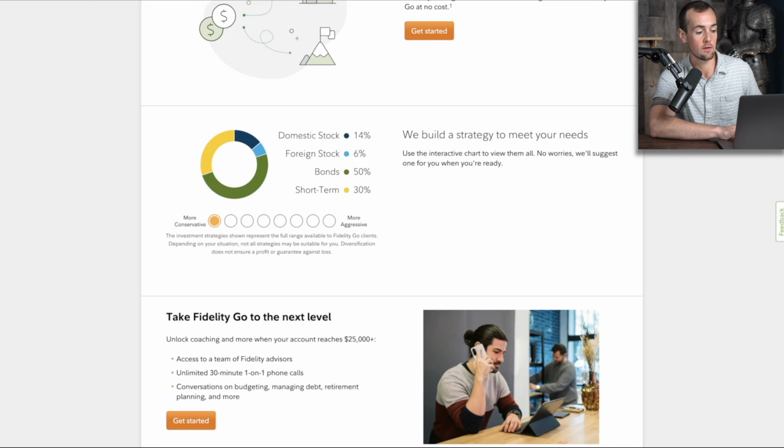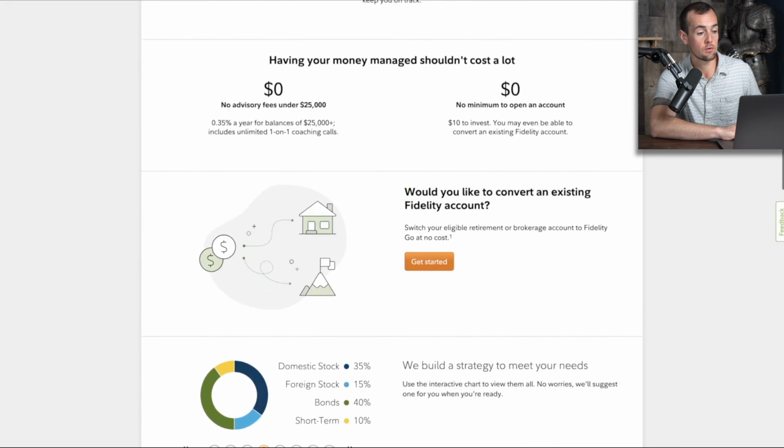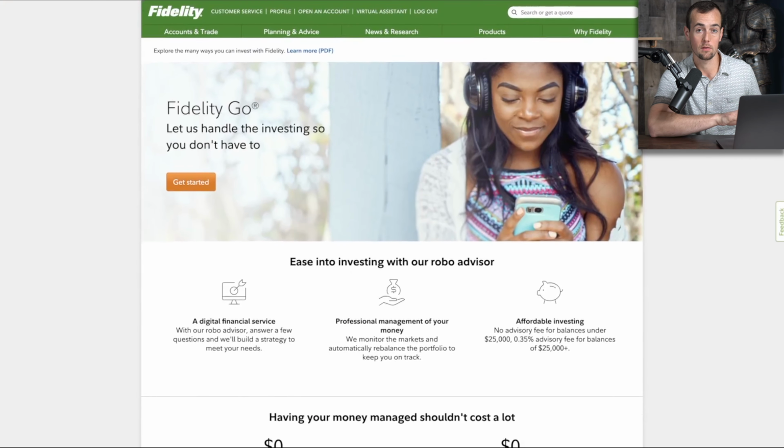Or let's say you were looking for a very aggressive approach, that would be 70% domestic, 30% foreign stocks, and nothing in bonds. If you were middle of the road, that's something similar to what your portfolio might look like, and it will also adjust this over time as you approach retirement or whatever the goal is that you set. So this is something you might want to check out yourself after you dive into the Fidelity platform if you want help with managing your money.